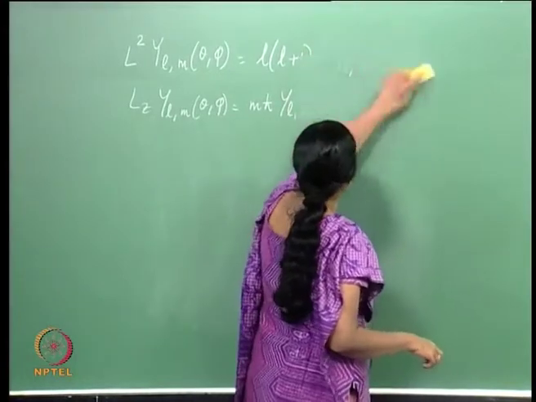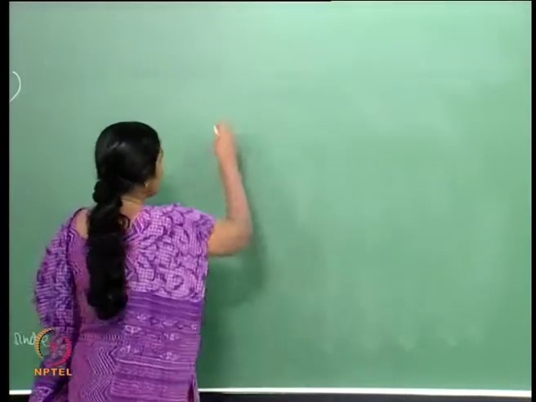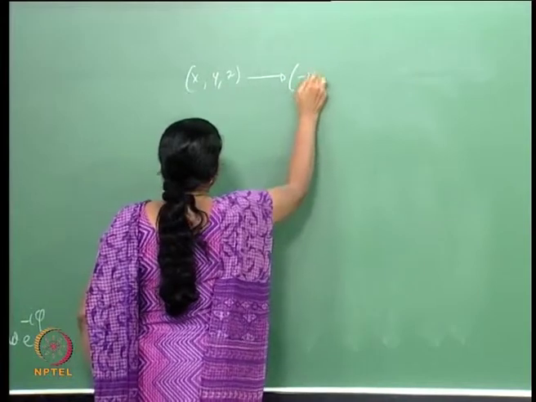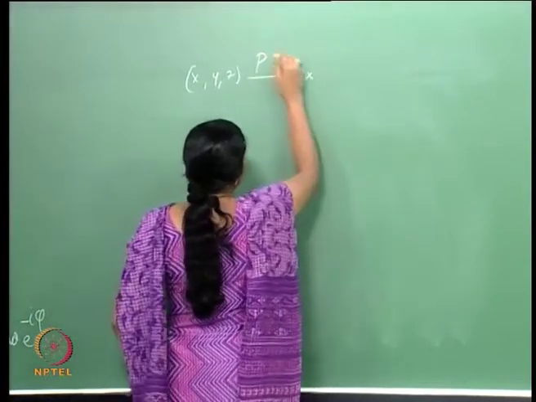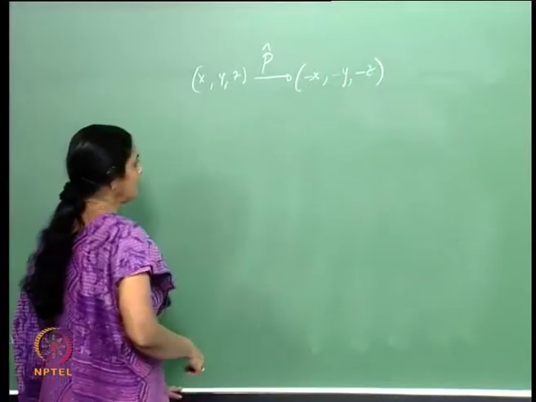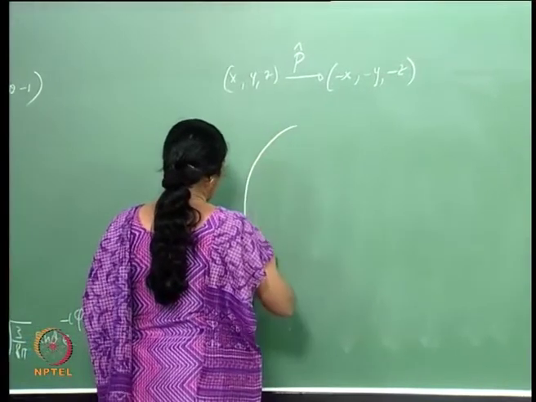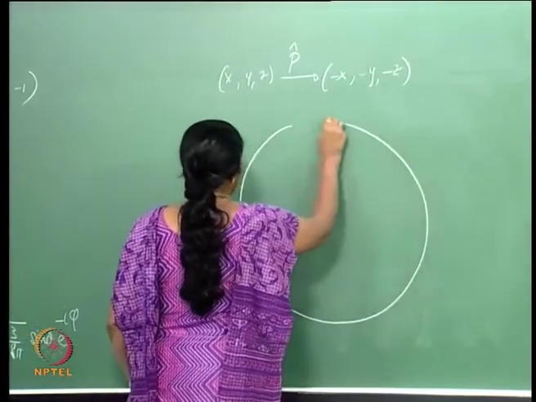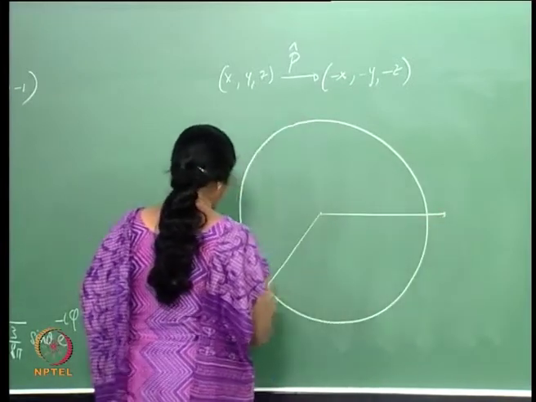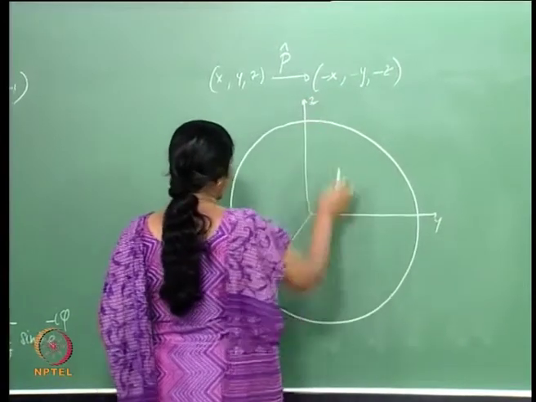So, we need to understand what we mean by the parity operator here in this context. As you know, the parity operation takes x, y, z to minus x, minus y, minus z. Under parity, that is an operator. So, consider the circle, and this is the xy plane, and that is the z axis.